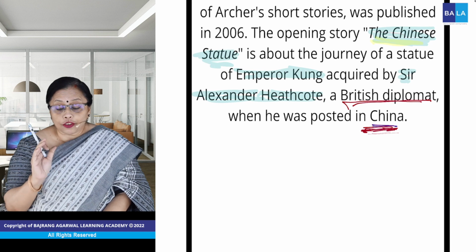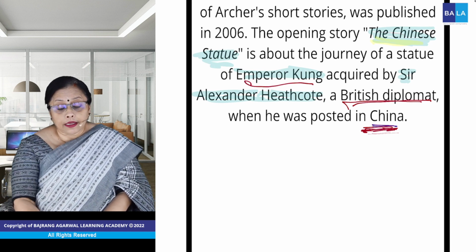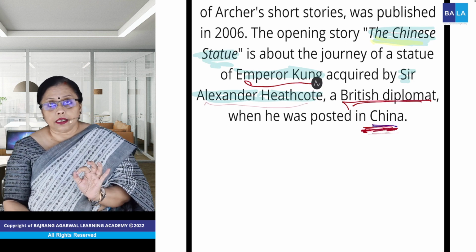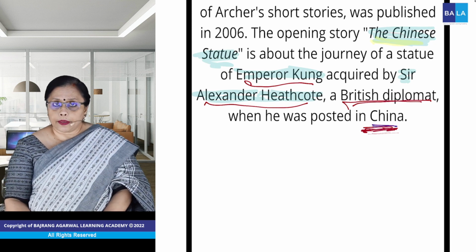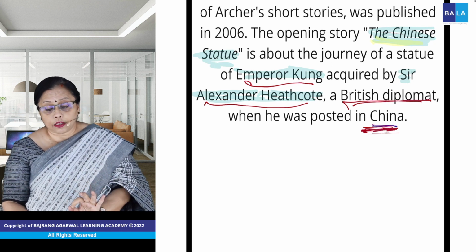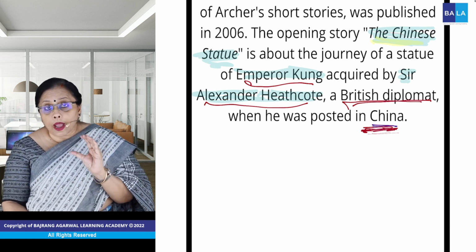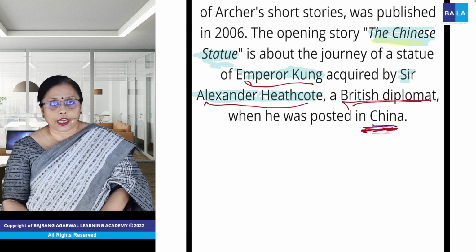The Chinese statue is of Emperor Kong, acquired by this person, Sir Alexander Heathcote. Sir is a title that is given to him. Sir Alexander Heathcote. Who is he? A British diplomat, and he acquired this statue of Emperor Kong when he was posted in China.